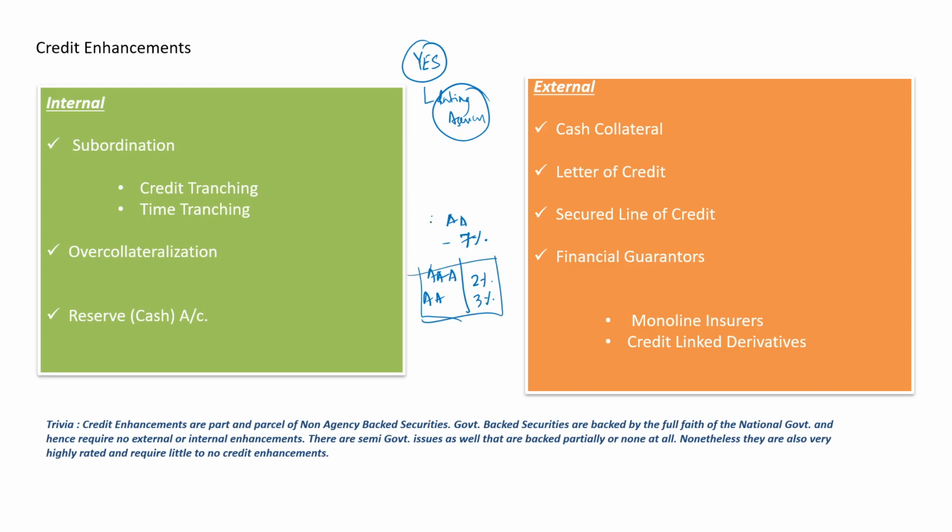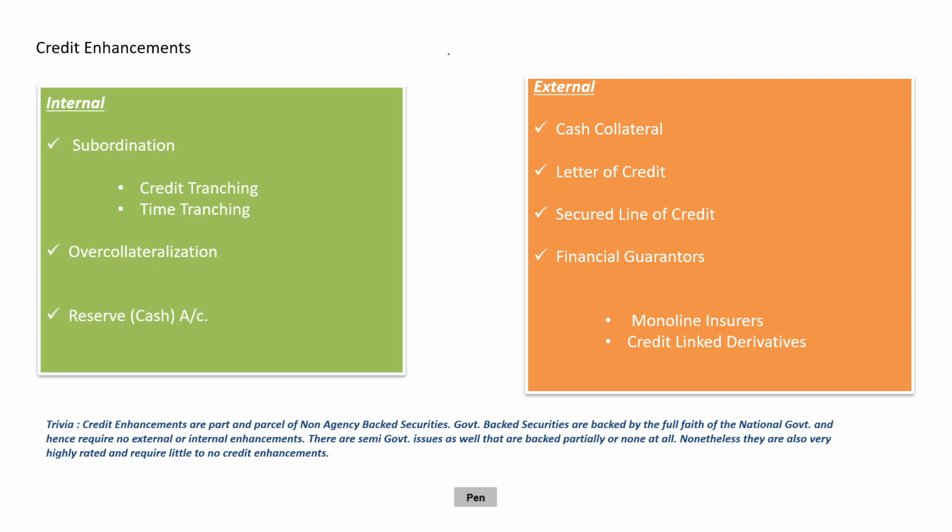Now, it becomes almost too good to refuse. Hence, from this perspective, and to boost the rating agency's confidence, enhancement is a mandatory thing for non-conforming securities. The agency-backed conforming securities do not typically require any sort of credit enhancements.